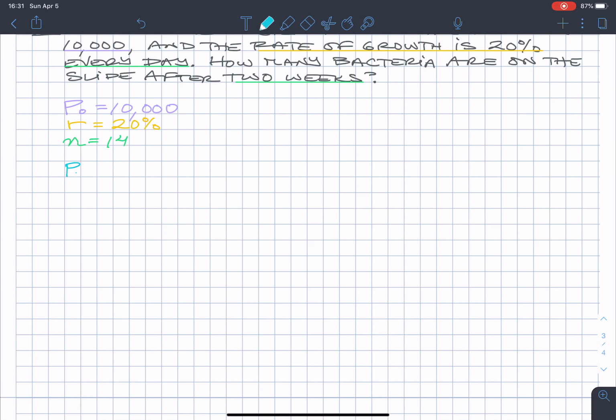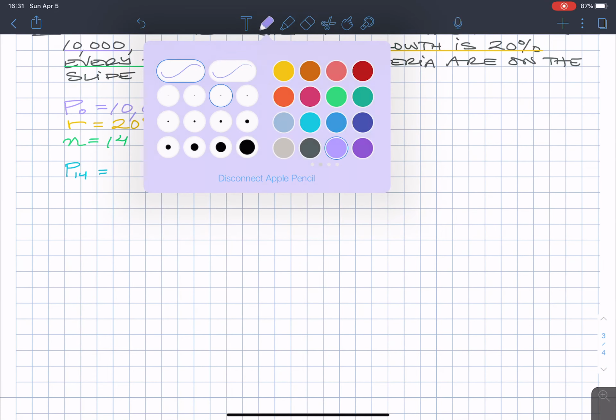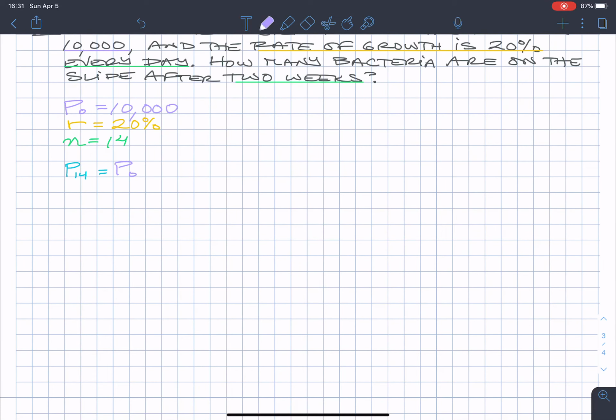Okay. So what is P sub 14? Well, it should be P sub 0 times a quantity, 1 plus the rate r, raised to the n, where in this case n is 14.